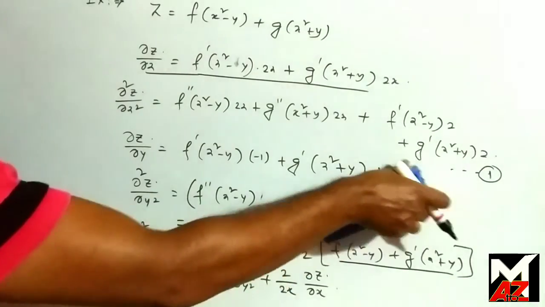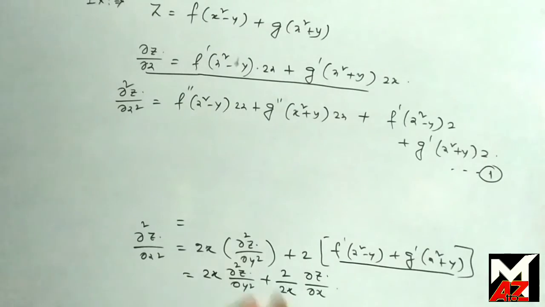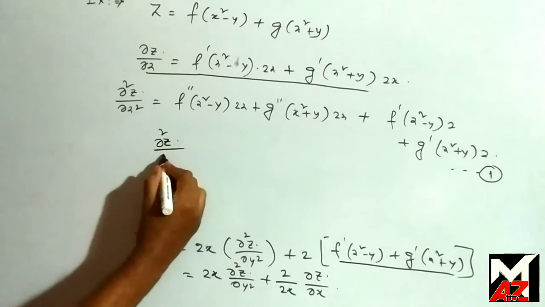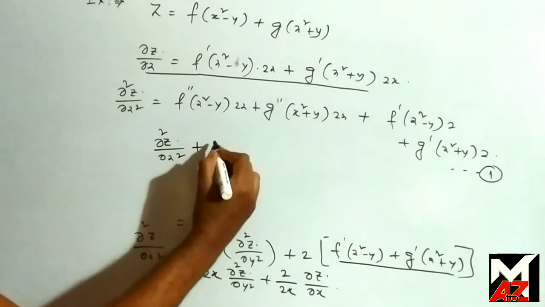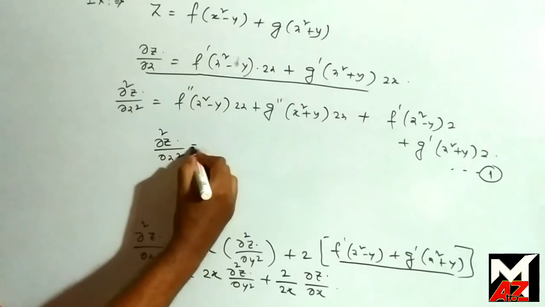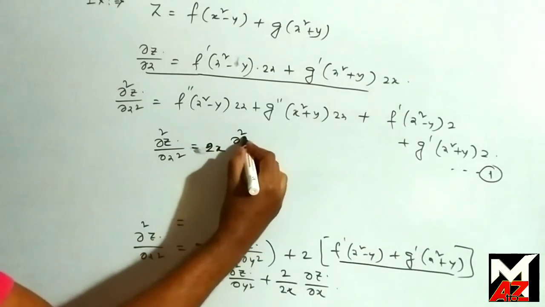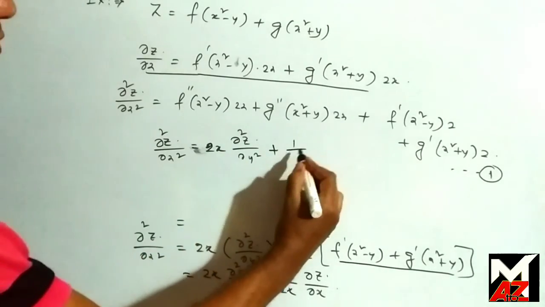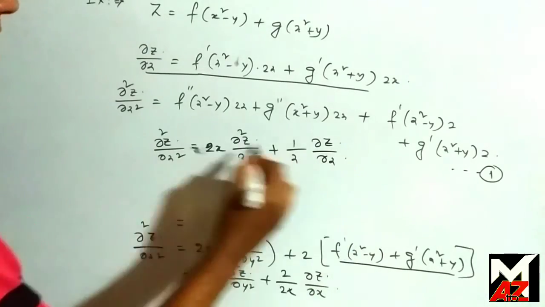So we get the partial differential equation as del 2z by del x2 equal to 2x into del 2z by del y2 plus 1 by x into del z by del x.